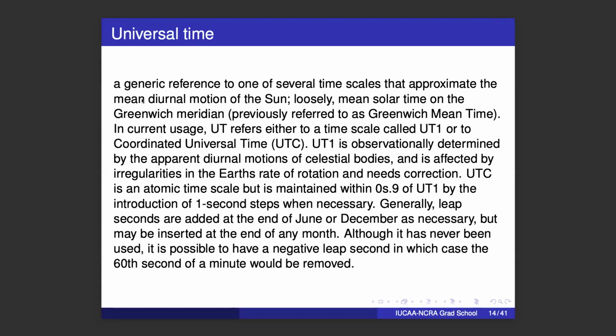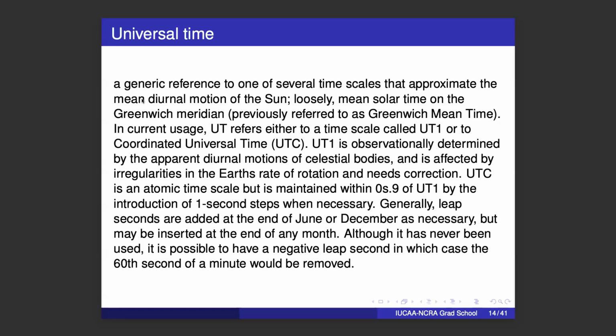UTC is an atomic time scale, which is just an atomic clock corrected for general relativistic effects and everything. So it doesn't lose or gain a fraction of a second. But it is maintained within 0.9 seconds of UT1 by the introduction of 1 second steps where necessary.